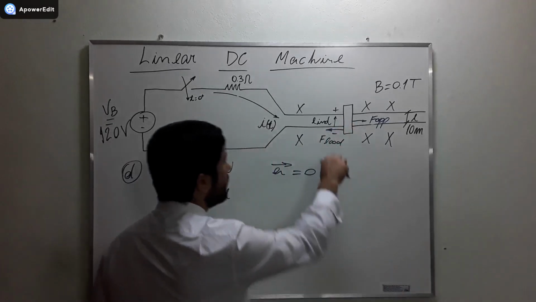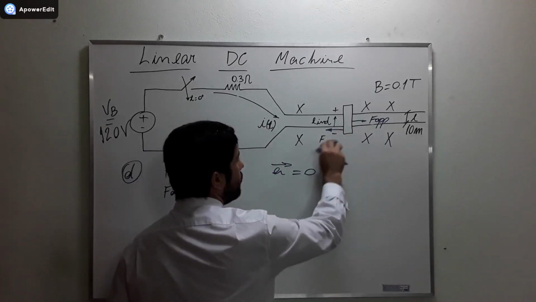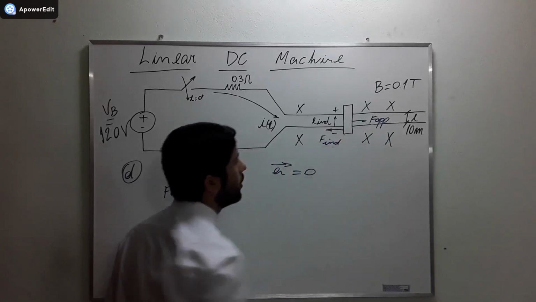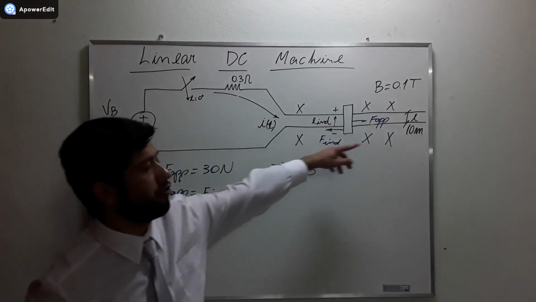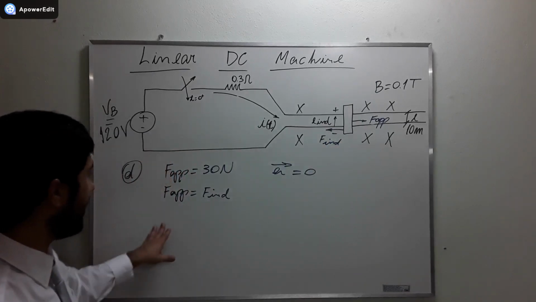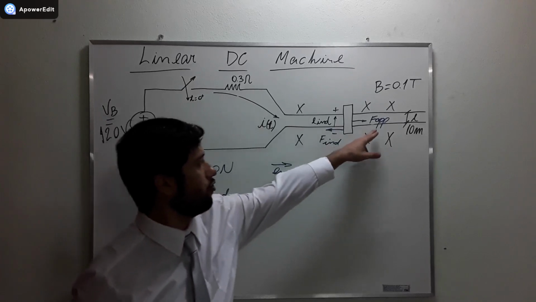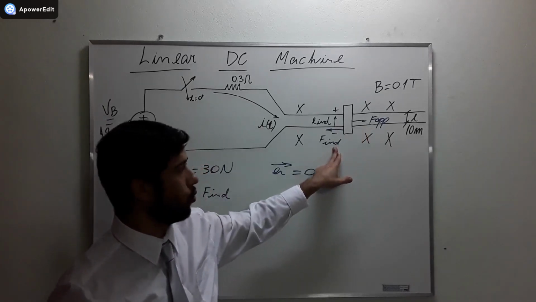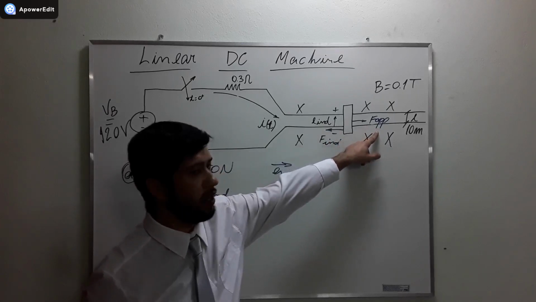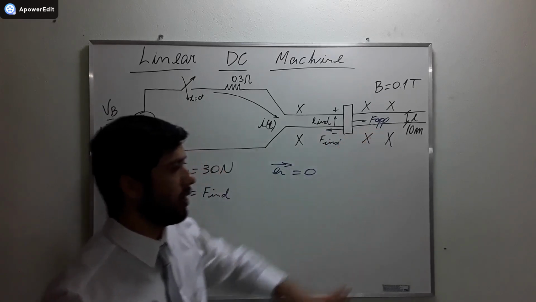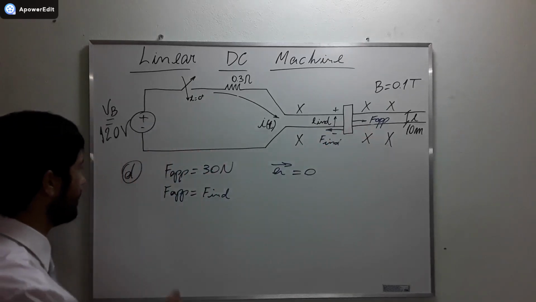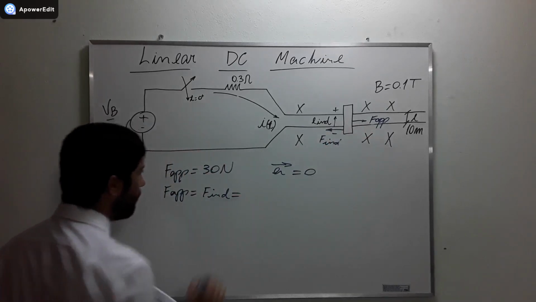Here there is going to be an induced force that's going to resist acceleration, and we find the steady state when these two forces are equal. When this force is smaller than this force here, we have transient, but when they are equal, we have steady state.